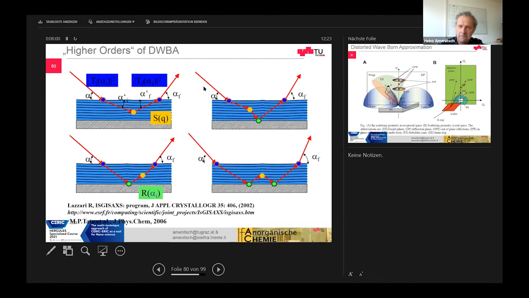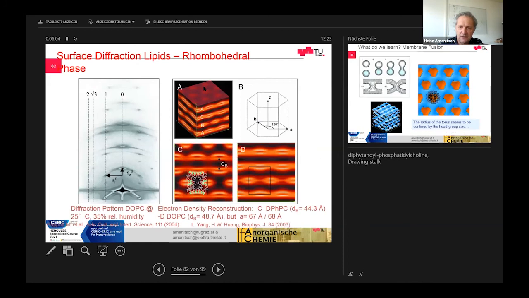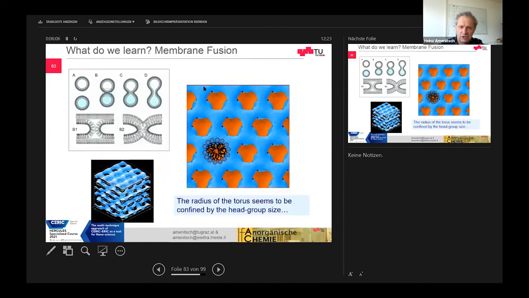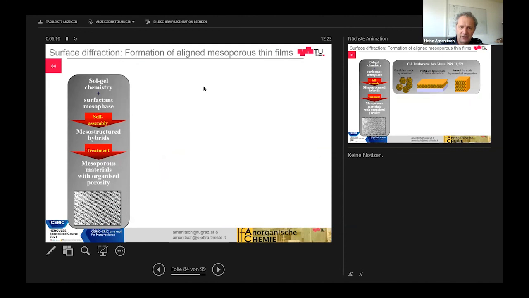Okay, I just want to jump over this part. I want to just show you exactly this thing here. So I want to look at in situ chemistry on surfaces, looking at sol-gel chemistry, where I have a surfactant mesophase, and looking at the self-assembly process.